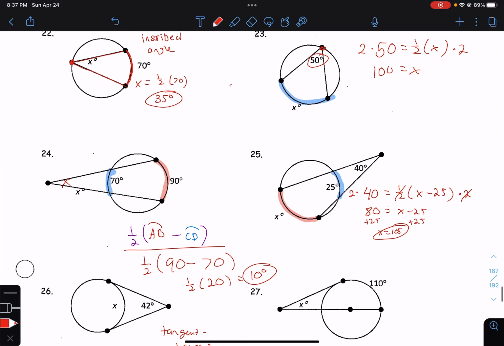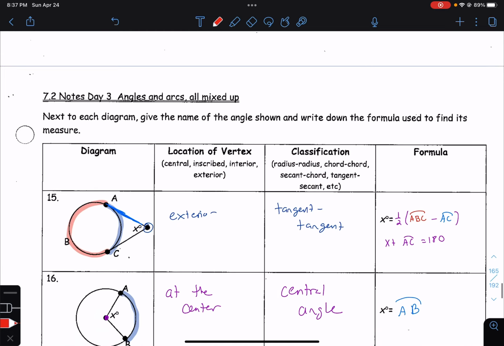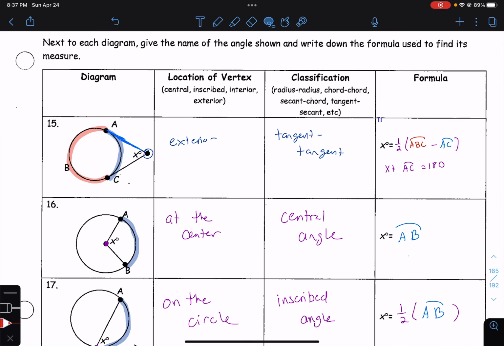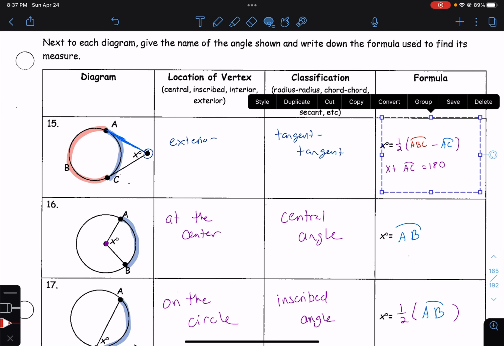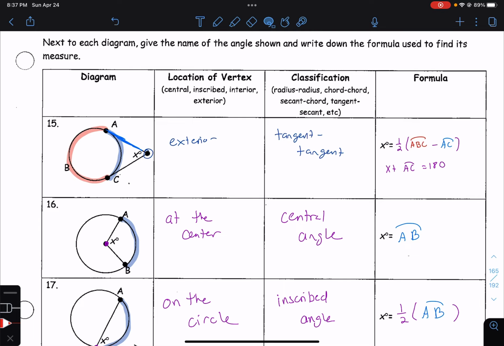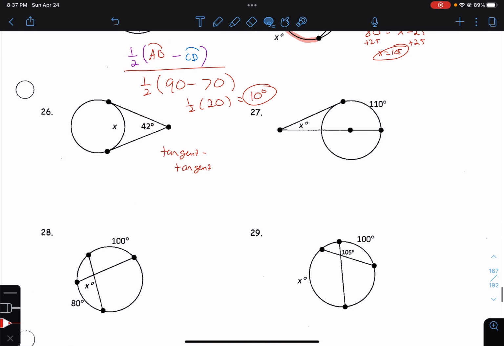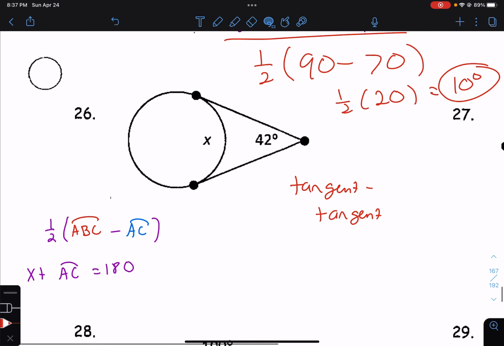So if we look at tangent, tangent, they actually gave us 2 formulas for that. One is that we can do the big guy minus the small guy divided by 2, or times 1/2. However, we don't know what this guy is.